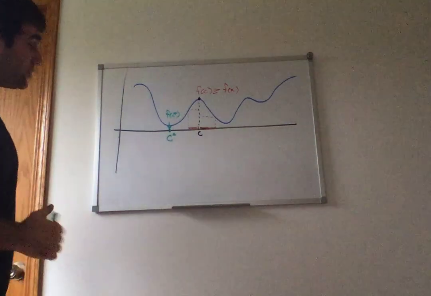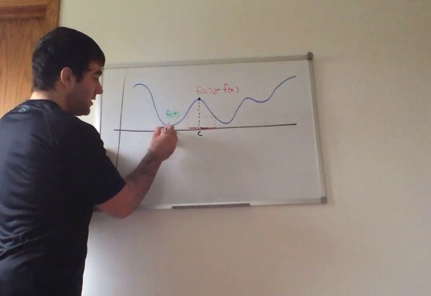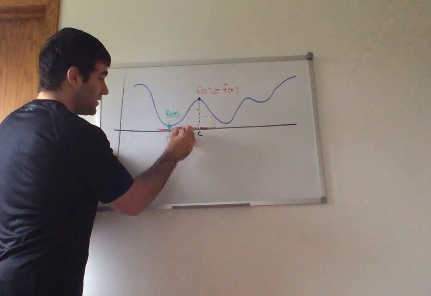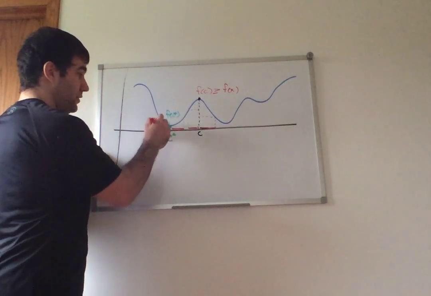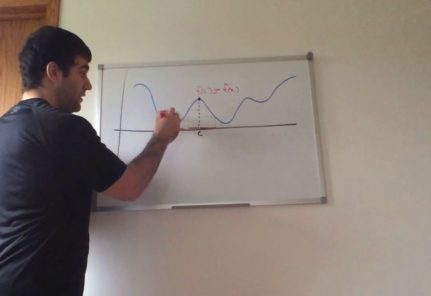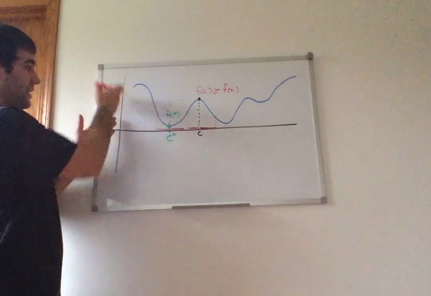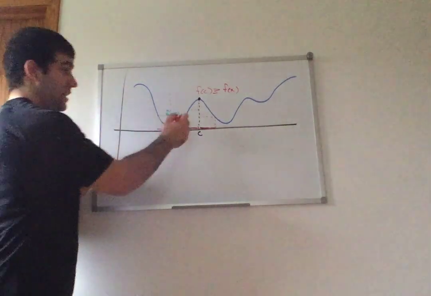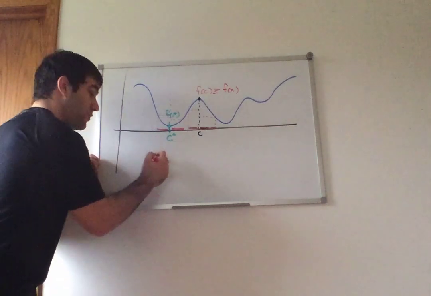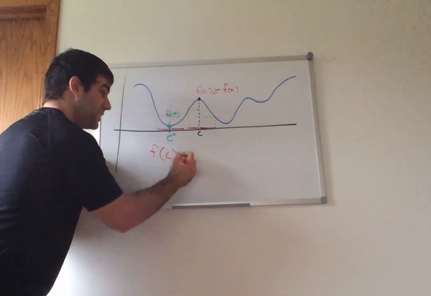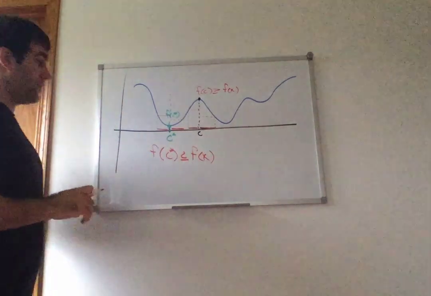And again, if I were to choose any x values near C, so x values here, x values over here, anywhere I go up to the function, and if I were to draw an imaginary y-axis mimicking the scale over here so we don't have to go all the way over there, for every function value we always have this inequality: f of c is less than or equal to f of x. Sorry, f of c star.